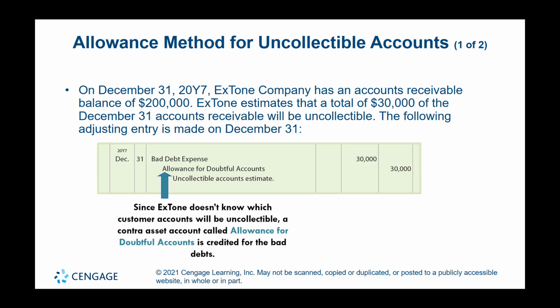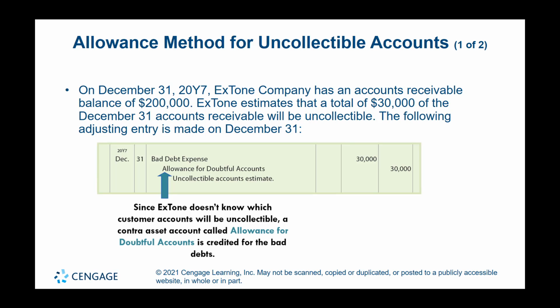So if accounts receivable is $10,000 and allowance for doubtful accounts is $2,000, it's an offset to the accounts receivable, meaning that it's actually only $8,000 that will be collected. We have to net the two together, and allowance for doubtful accounts is the offset of accounts receivable. It's the opposite. It's the negative amount, if you will.